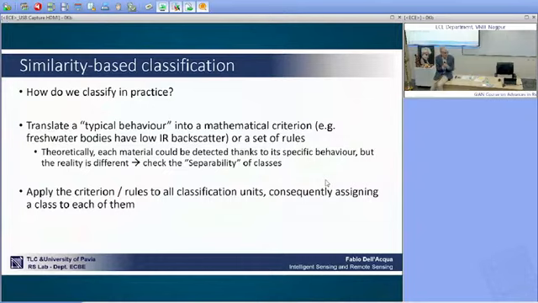Because if I take a pair of information classes, like, for example, road and parking lot, these are information classes. I'm interested in them. I want to know where the road is and where the parking lot is. But the fact is, these two objects belong to the same spectral class.